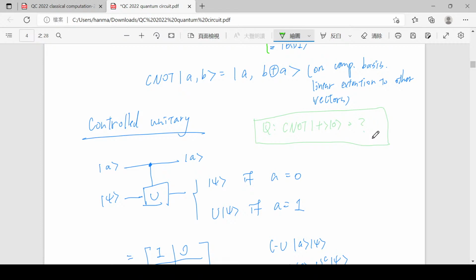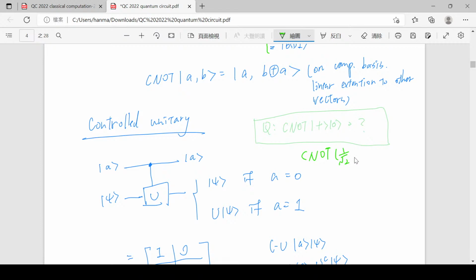Okay, so let's do this example. C naught of plus and 0, and let's see how this linear extension works out. Let's write down all the normalization.